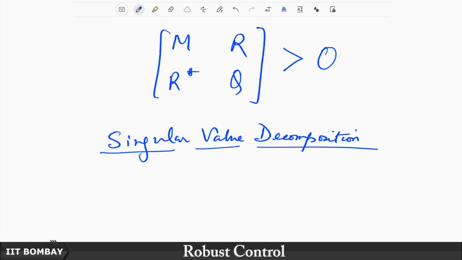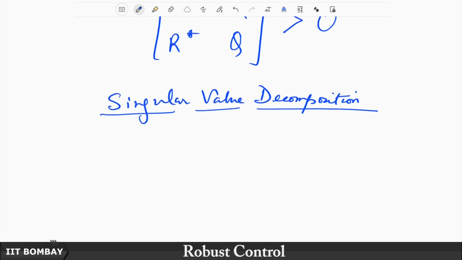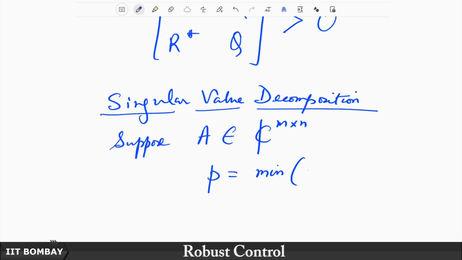Okay. So, what does the singular value decomposition say? This holds for any arbitrary matrix, square or rectangular. Suppose A is a matrix of size m cross n, and p is the smaller of the two numbers.